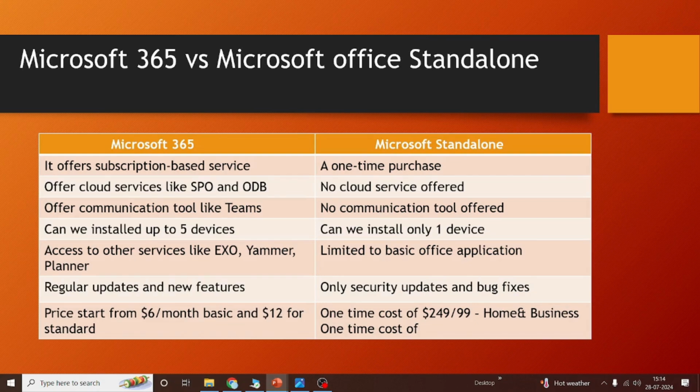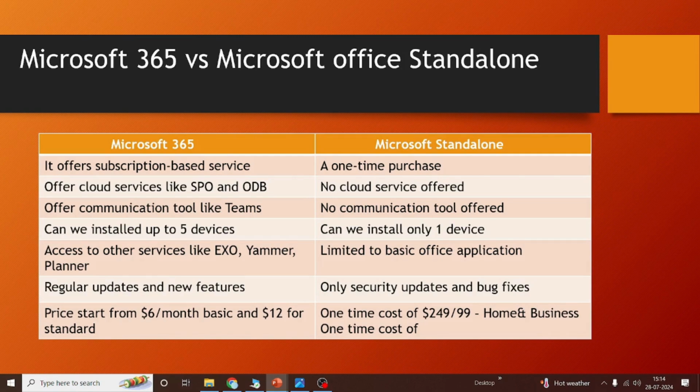The biggest benefit of using Microsoft 365 is that it can be installed on up to 5 devices. What does it mean? If you purchase one single license, and you have a Windows laptop, a Mac computer, a tablet, and a phone.